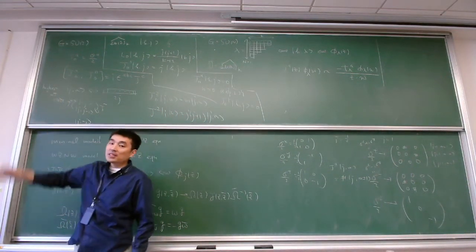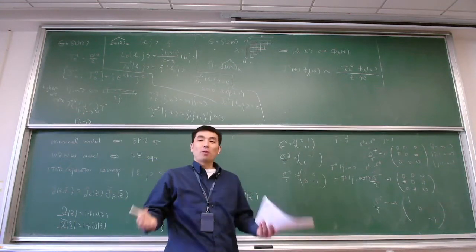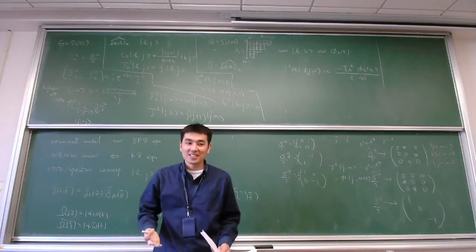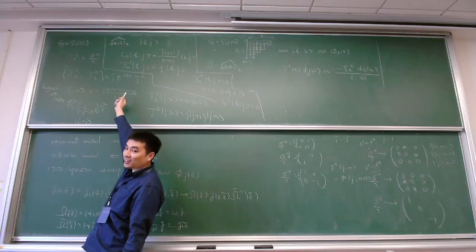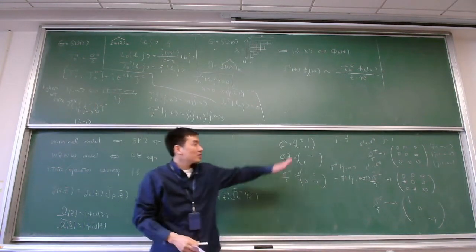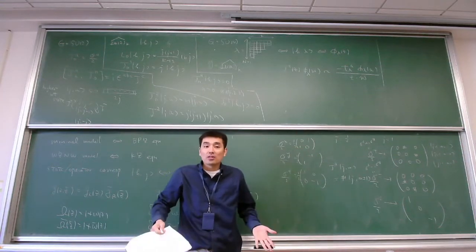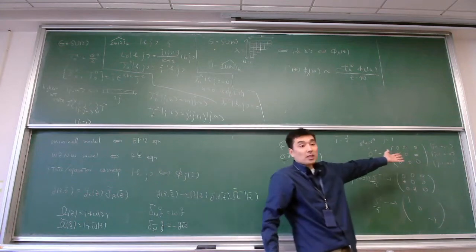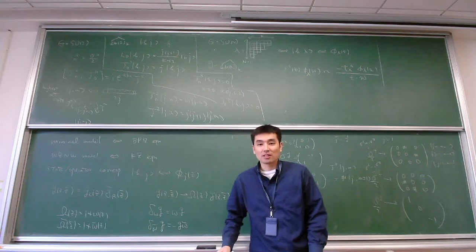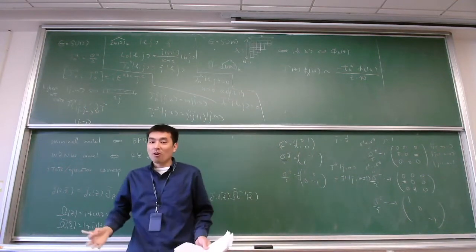Physicists like the basis and explicit formulas, but mathematicians don't like basis. Mathematicians write down this algebra, and that's enough. We don't need this particular representation. It can be any matrix, even a 3 by 3 matrix or a 100 by 100 matrix, that satisfies this algebra. Such a matrix is called a representation.